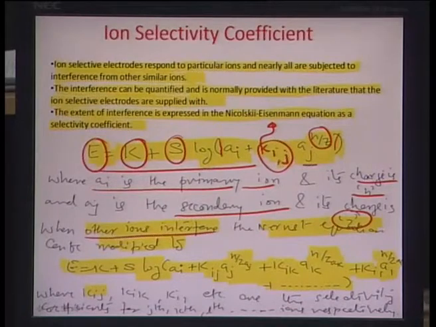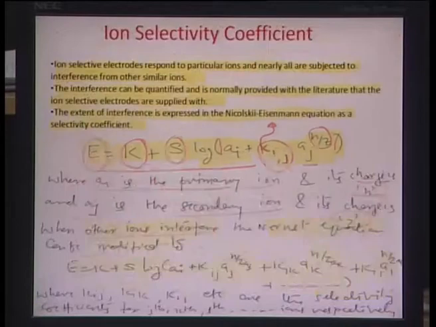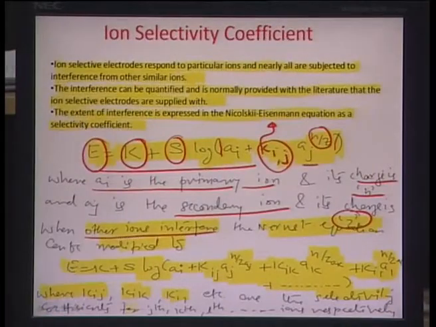So Kij, Kik, Kil etc. are the selectivity coefficients for the jth, kth and lth ions respectively.